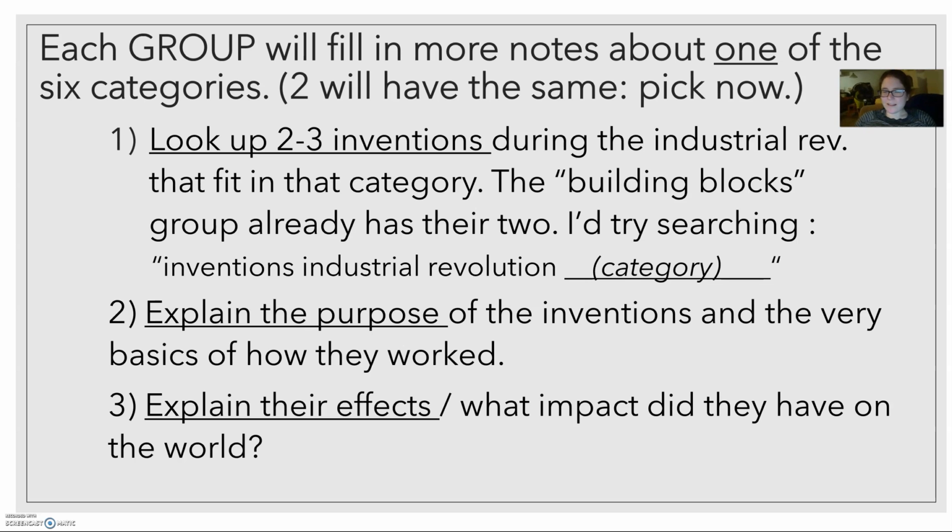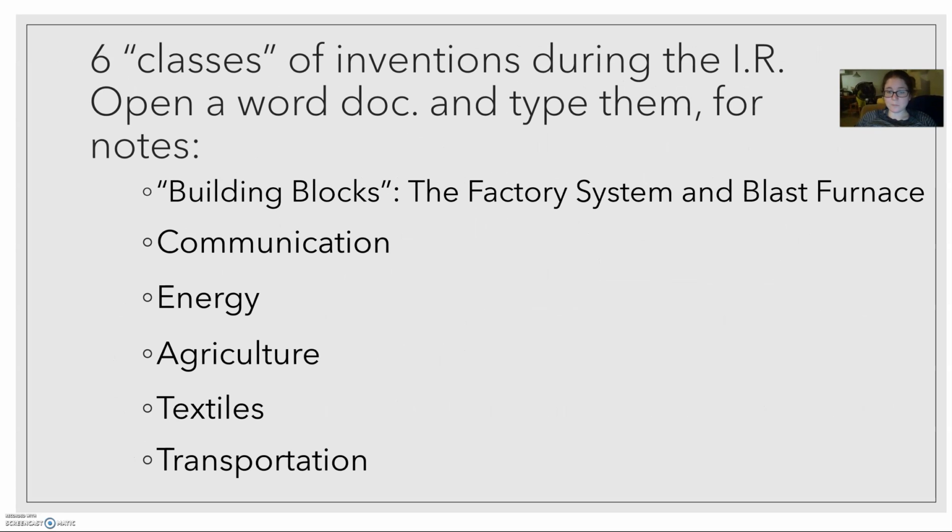I would look up something like that just with keywords and find just the names of a few different inventions from this era that have to do with your category of inventions. Important note, whichever group is doing the building blocks, you already have your 2 inventions, the factory system and the blast furnace. You already know your 2 inventions, so you need to go a little more in depth in what they are.